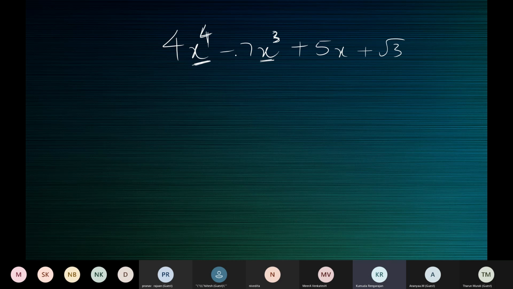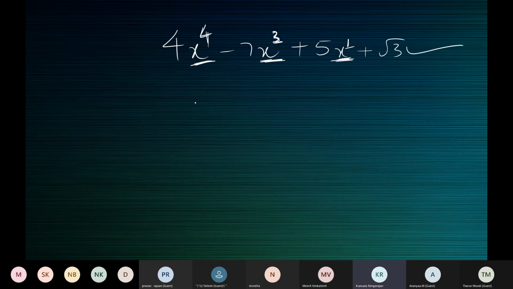Don't see the coefficient. We're not looking at the coefficient, we're looking at the power. Variable x, power 3. 3 is a whole number. Variable x, power is 1. 1 is a whole number. So the powers of the variables involved are all whole numbers. And so this expression is a polynomial.